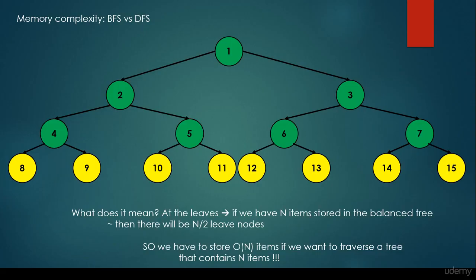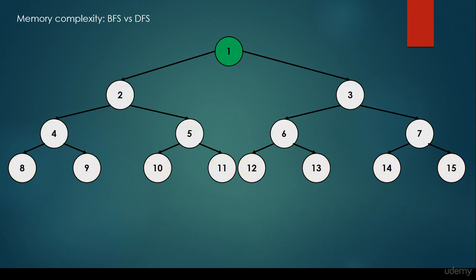So for example, if we have 100 items in a balanced tree-like structure, then the memory complexity, so how many items we have to store in memory with the help of the queue, is going to be O(n), so O(100).